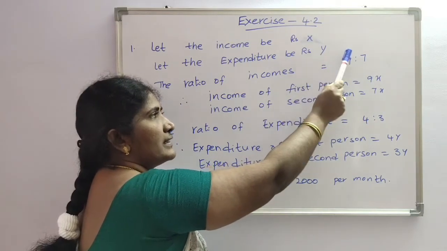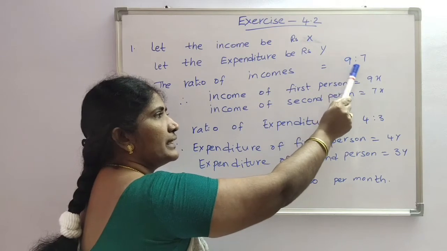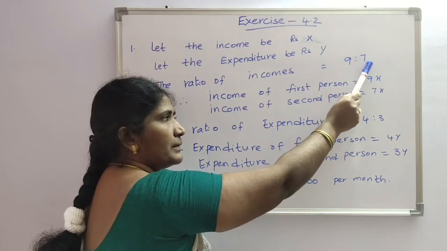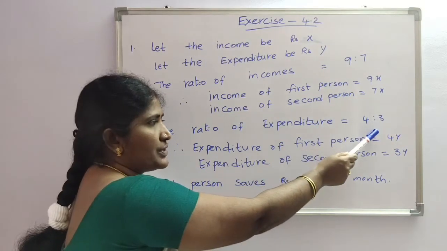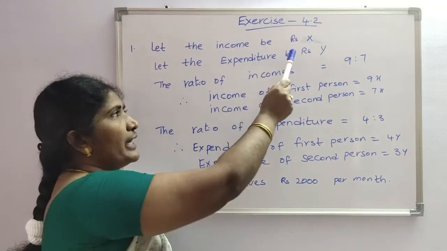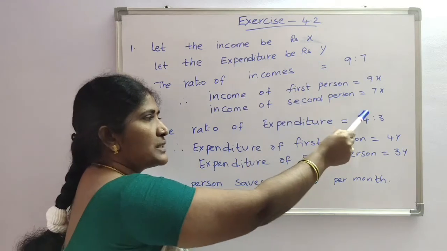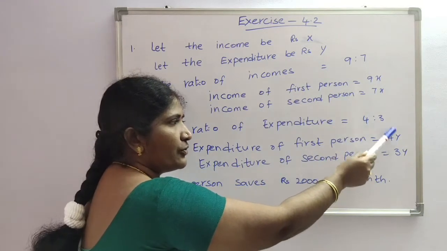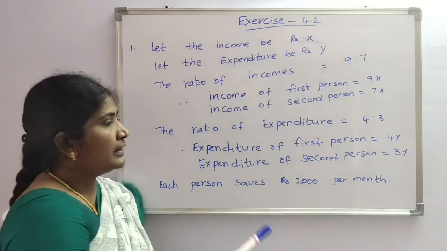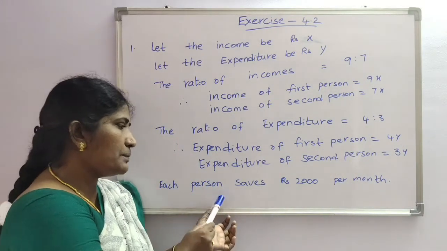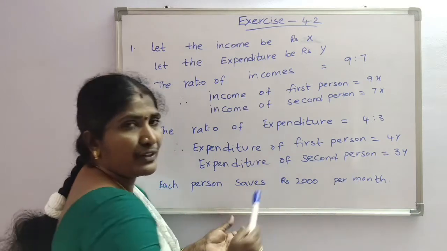Income we taken as x, that's why the first person's income is 9x and the second person's income is 7x. And they gave the ratio of expenditure also, 4:3. So expenditure we assumed as y. Therefore, the expenditure of the first person becomes 4y and the expenditure of the second person becomes 3y. And one more condition they gave, each person saves 2000 rupees per month.